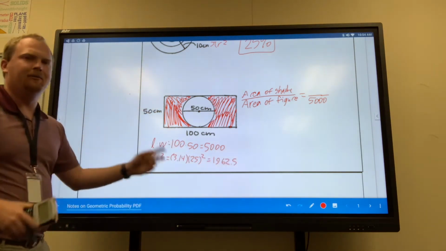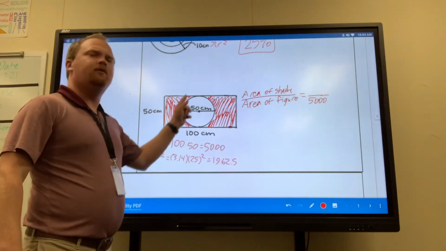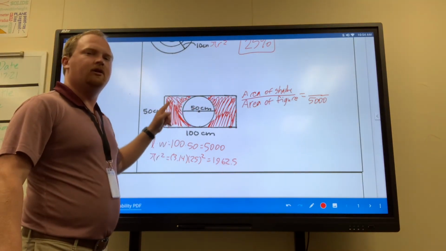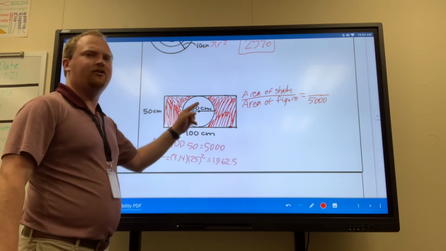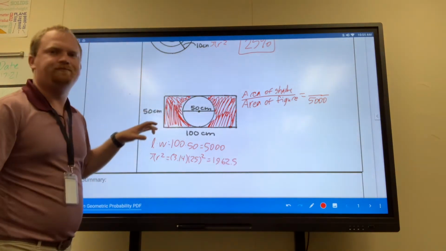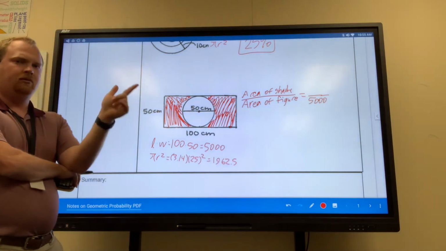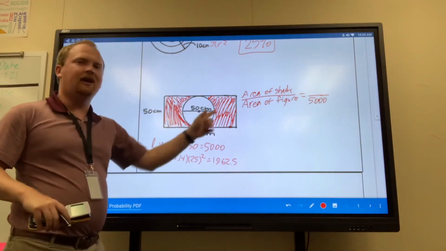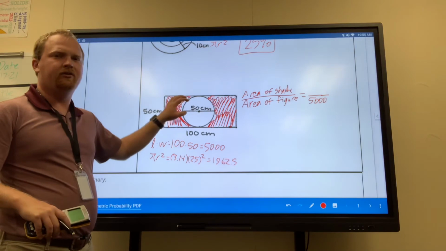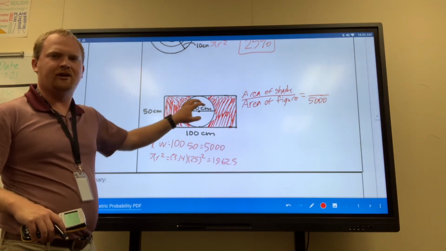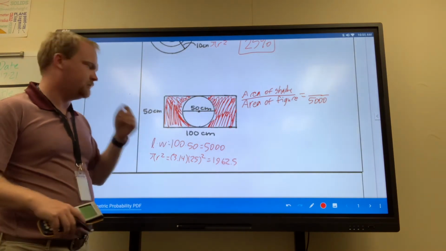But here's the problem though. I'm not looking for the area of the circle. I'm looking around the circle, pretty much outside the circle but inside the rectangle. So how can I go about doing this? Well, I just have to figure out what's left.